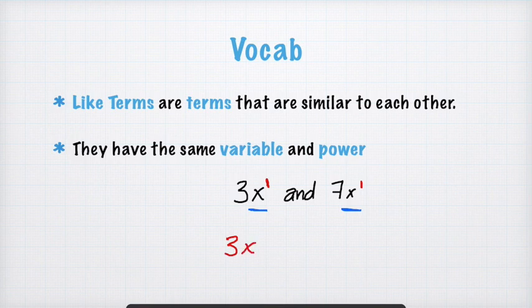Let's do 3x and 7y. Now this is a good counterexample because x's and y's are different from each other. Just like apples and oranges are different from each other, you can't add them without just saying 3 apples and 7 oranges, just like you can't add x's and y's without saying 3 x's and 7 y's.